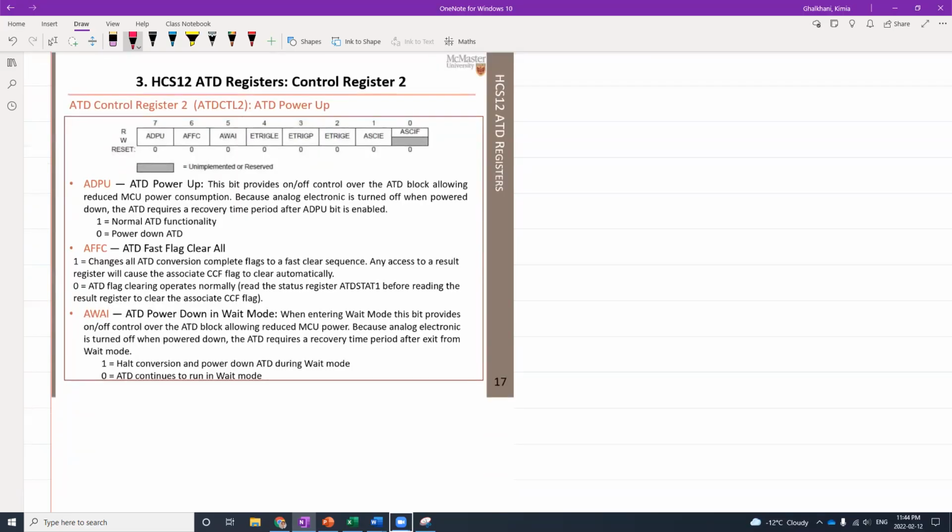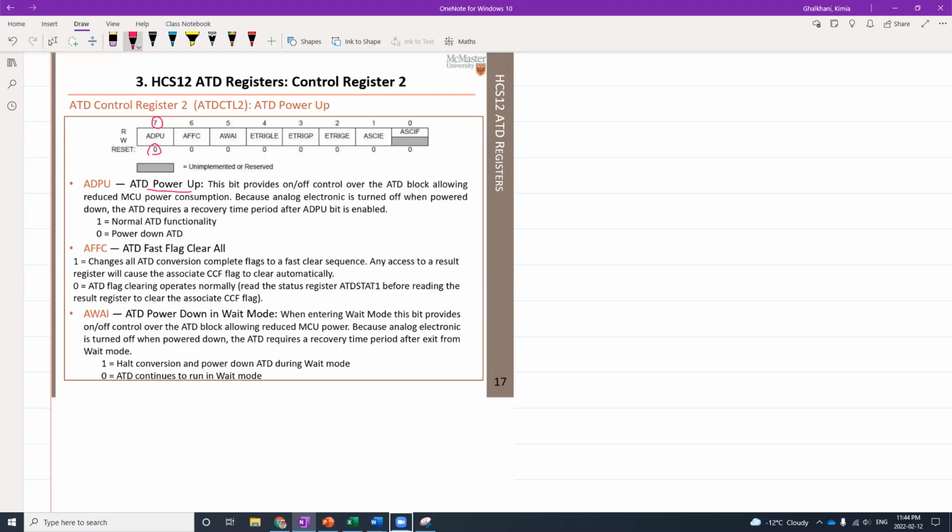Well, here you see the structure of the register. For example, ADPU, which is bit 7 in here, is going to power up, as you can see, and it is 0 by default. Again, if you want to power it up, you have to switch it to 1.